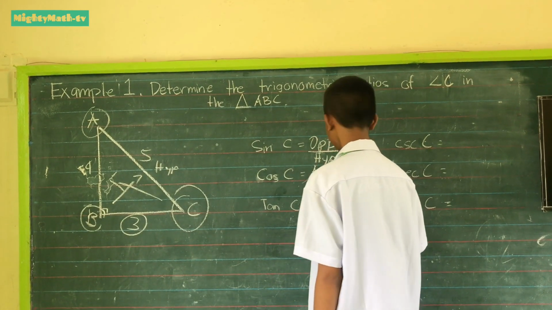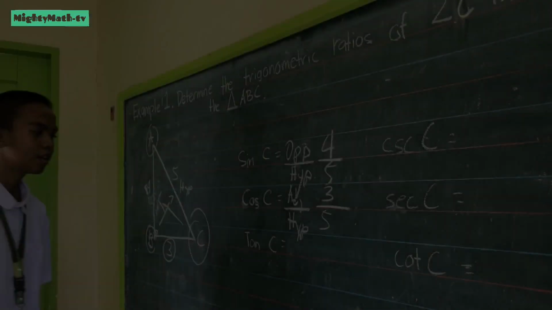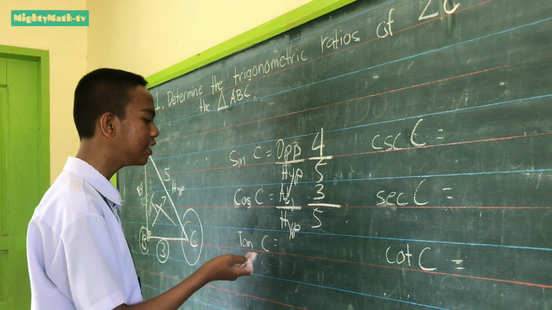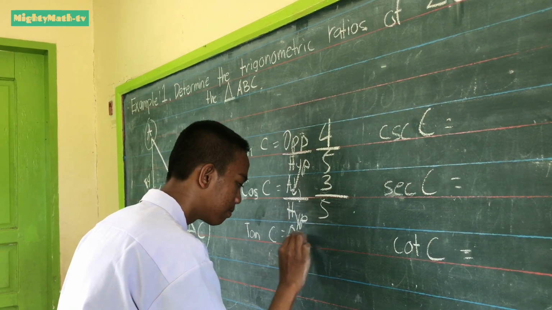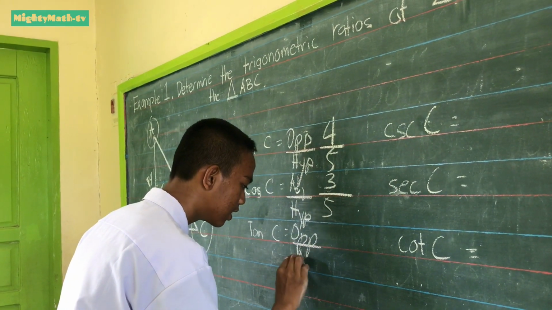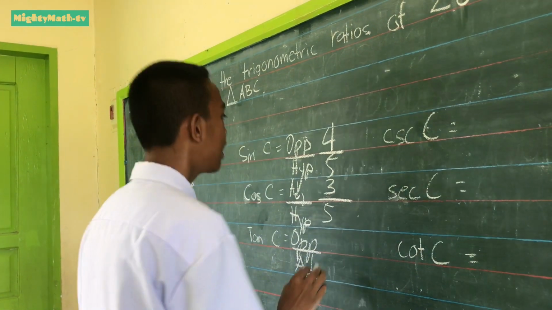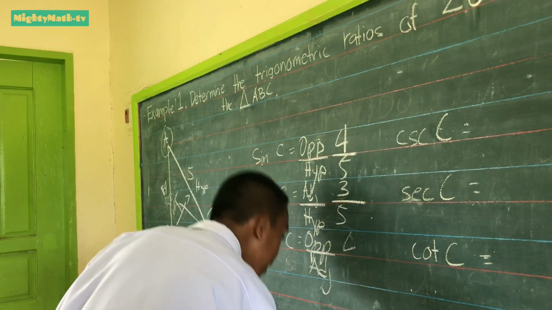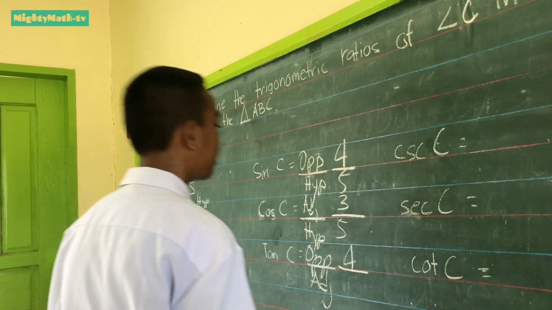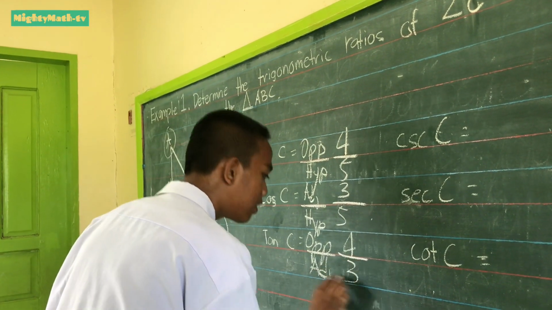And the hypotenuse is 5 again. And if we answer tan C, or tangent C, we know that tangent is opposite over adjacent. Our opposite is 4 and our adjacent is 3.